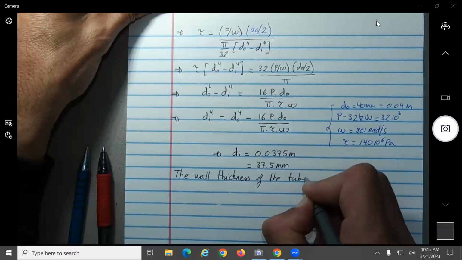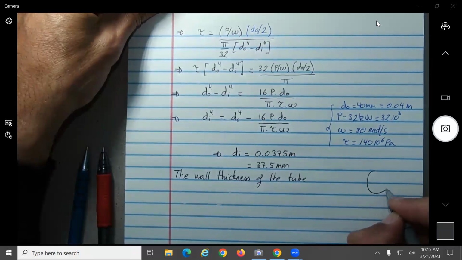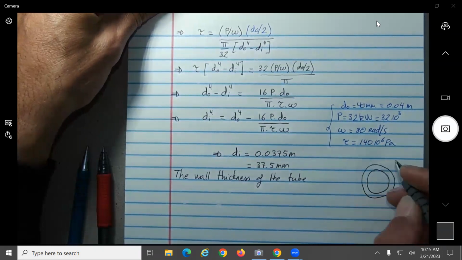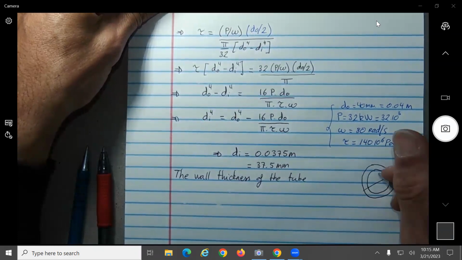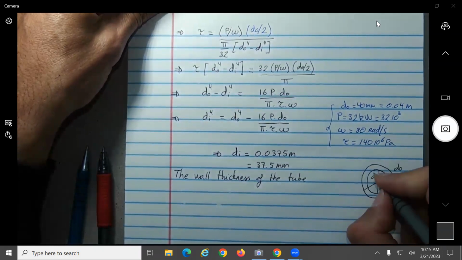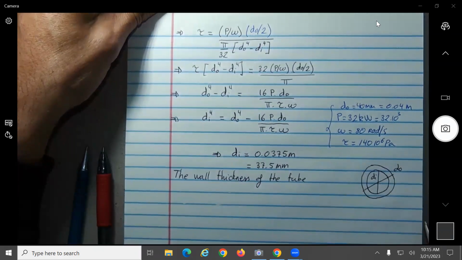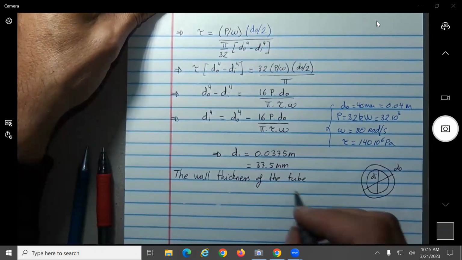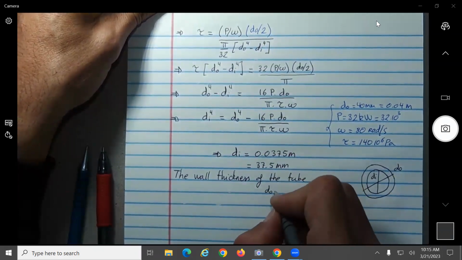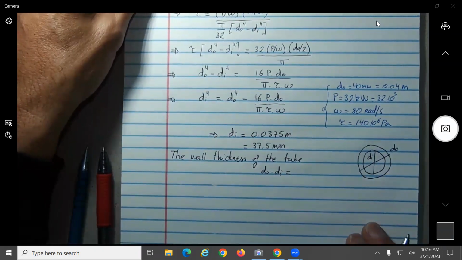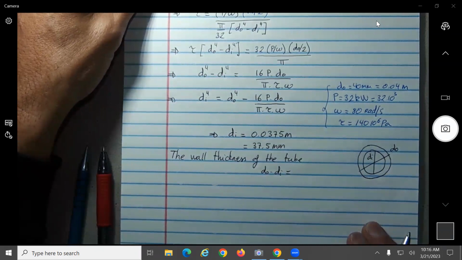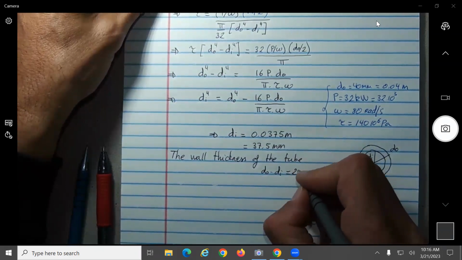Okay, so we can say the wall thickness of the tube. I know after doing all these assignments you know this, but sometimes you make the mistake of a factor of 2. This will be the outside, this will be the inside. So what will be the thickness? If you do the outside minus the inside, it will give you twice the thickness, and that's a mistake.